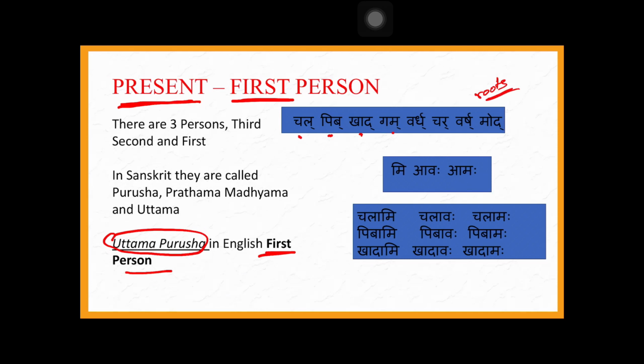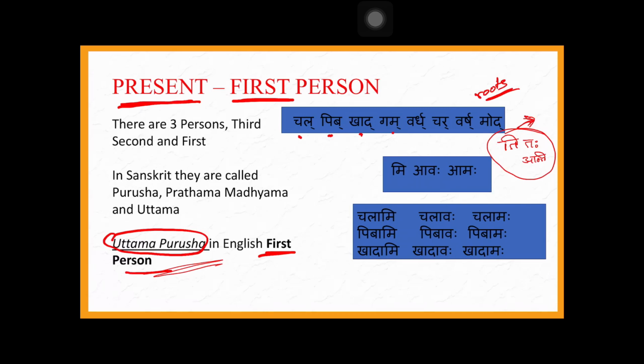Suffixes, which suffixes? Can I use the same suffixes ti, taha and anti to create uttama purusha related verbs also? No. When I'm planning to create some sentences in uttama purusha, the same suffixes cannot be used. Why?